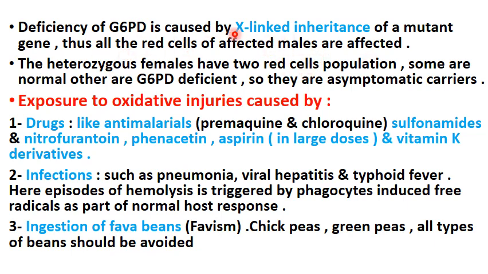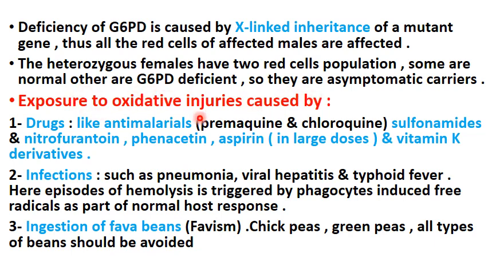It is X-linked. The heterozygous female has two red cell populations. Some of them are normal, others are G6PD deficient. So they are carriers. They can carry the disease or transfer the disease to their offspring, their males, while the female is mostly protected.